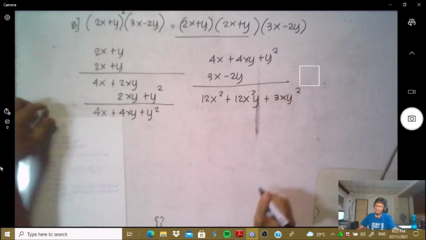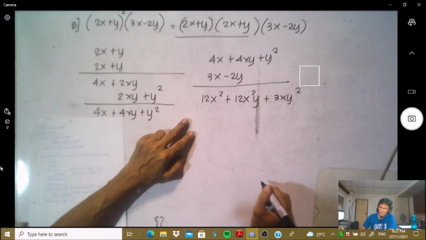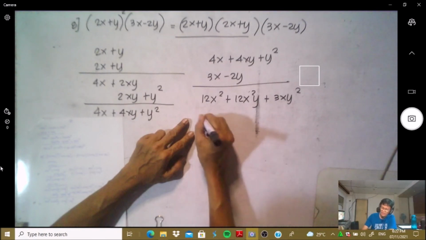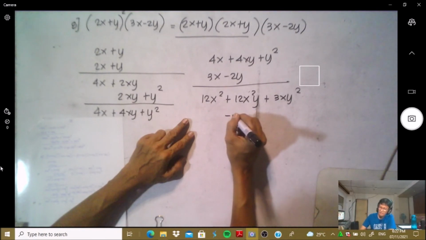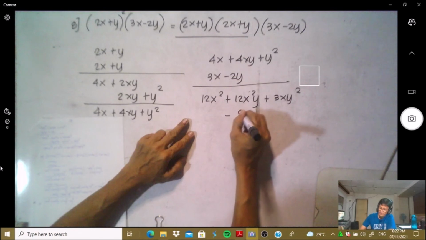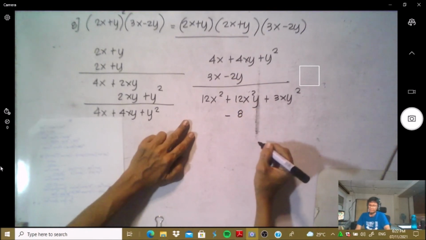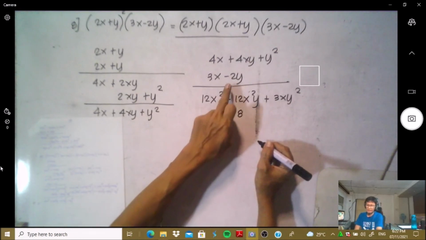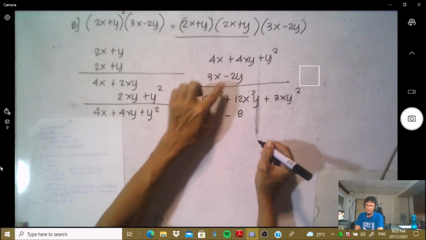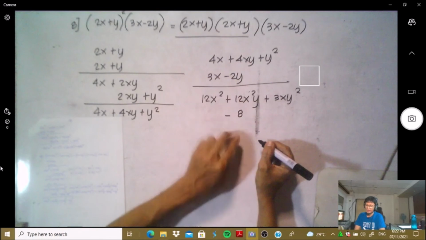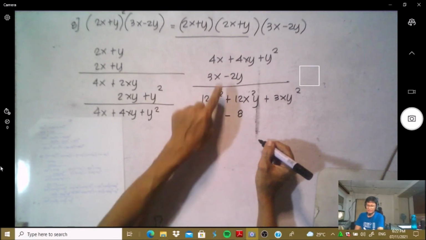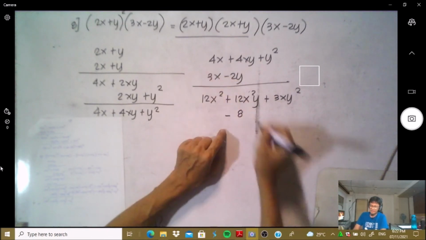And next we have negative 2y times 4x will be negative 8xy. Okay, negative 8xy.